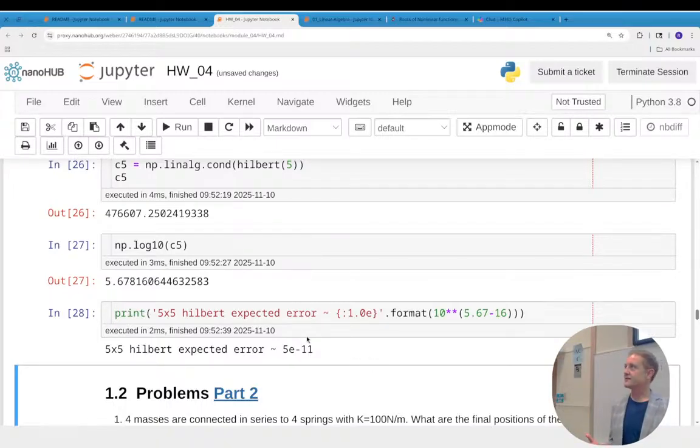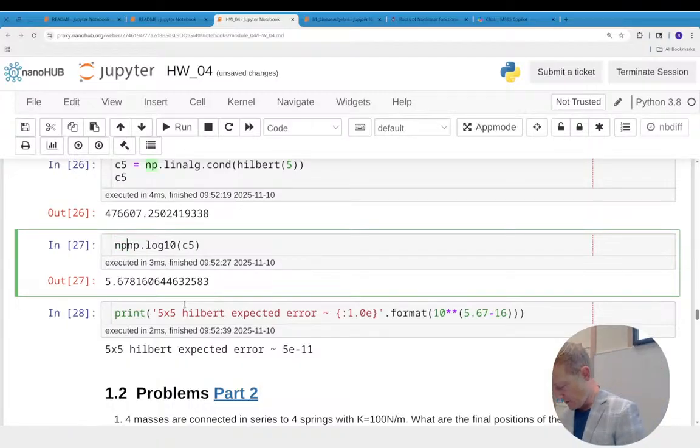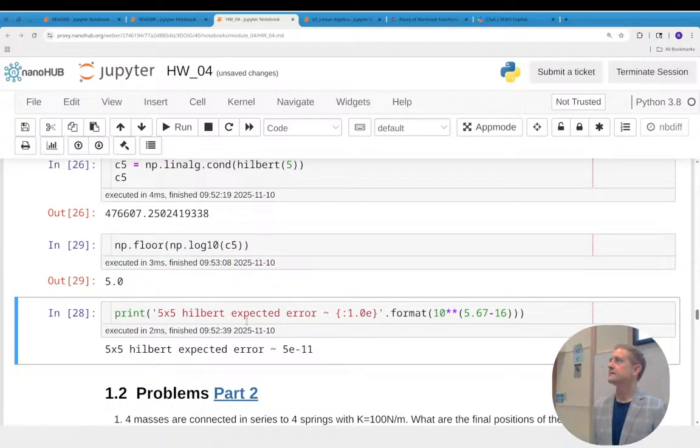Now it's just like 5 times 10 to the negative 11. It's still on a log scale, like the same number. But if you want, you can do that. You could also round it if you really want to automate the whole process. Like, what is the floor of this log 10? And then you could look at what the condition number is at any point, right?